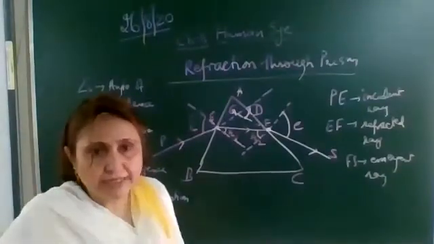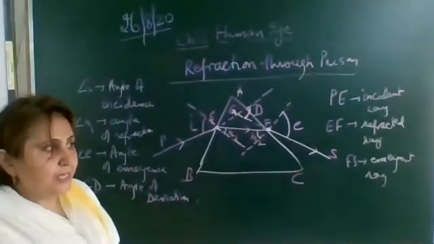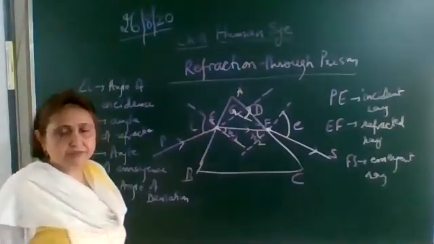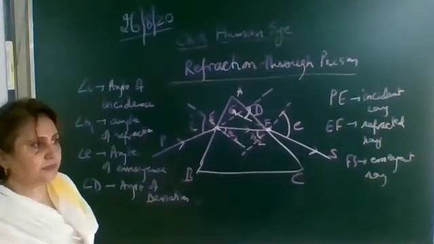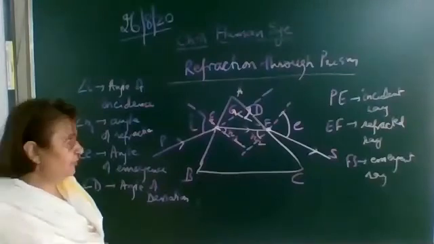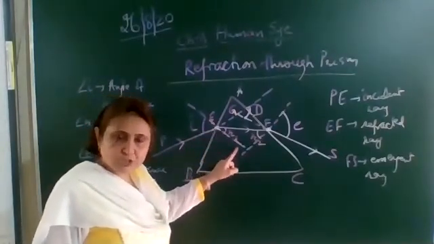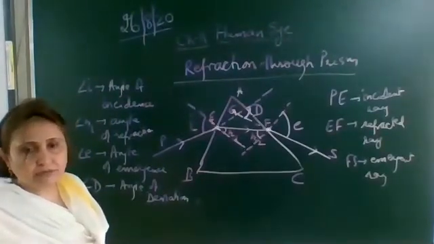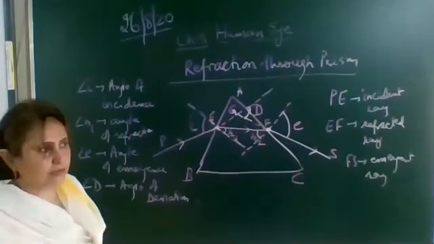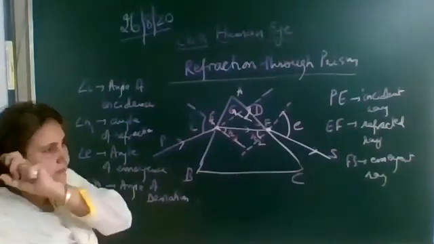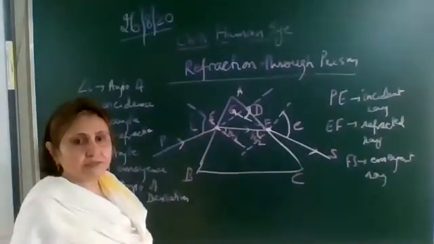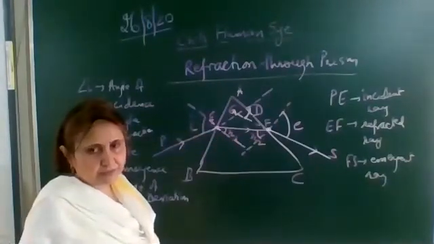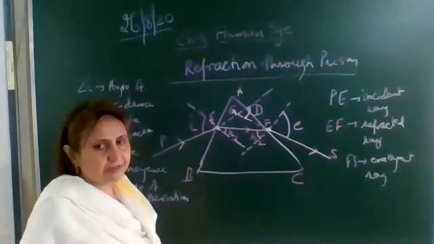Below the figure you will write down: Let PE be the incident ray, which bends towards the normal inside the glass, and EF is the refracted ray.